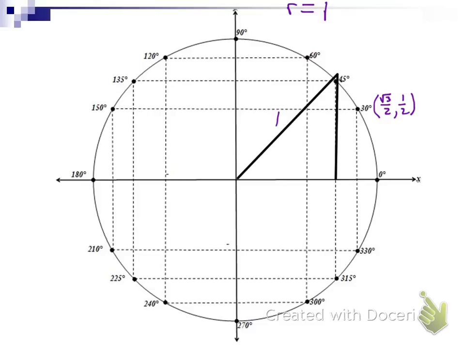What did we say that the length of the legs was going to be? They both have a value of what? Square root of 2 over 2. So this x value, this side of the triangle, is square root of 2 over 2. And this side of the triangle, my y coordinate, is also the square root of 2 over 2. Okay?